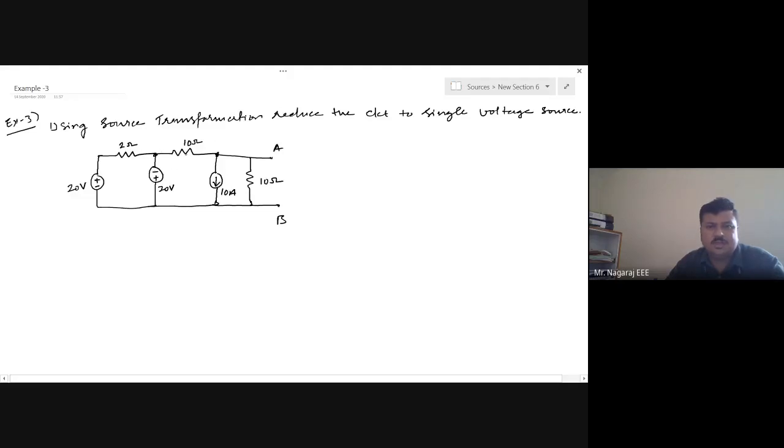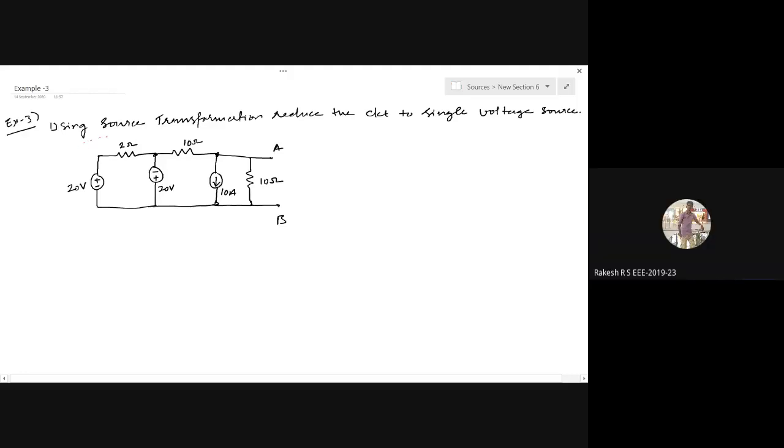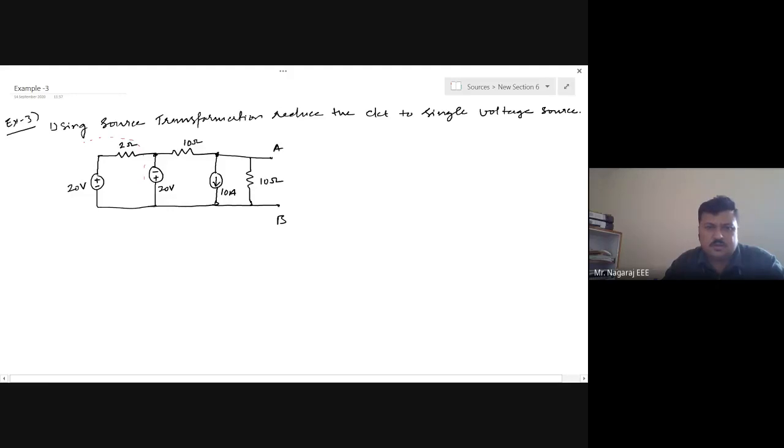They are not exactly in parallel. 20 volt connected to 10 ohm, where? Here. 20 volt to 10 ohm, or 20 volt to 2 ohm?